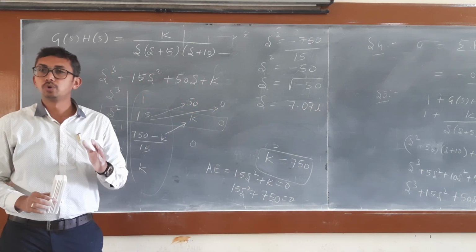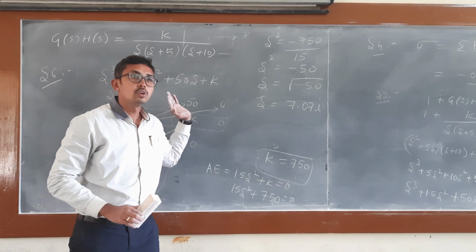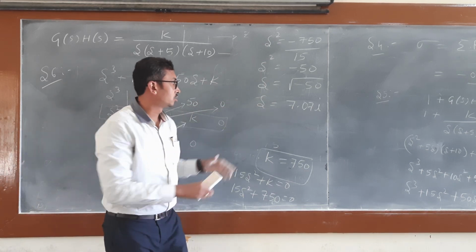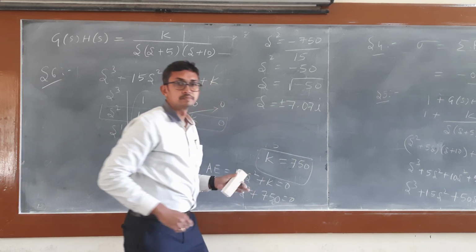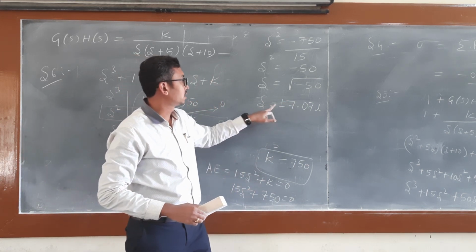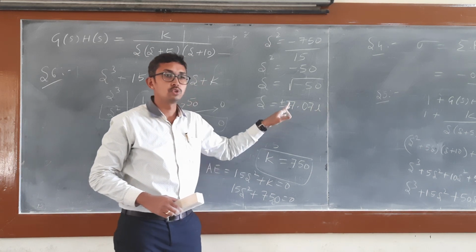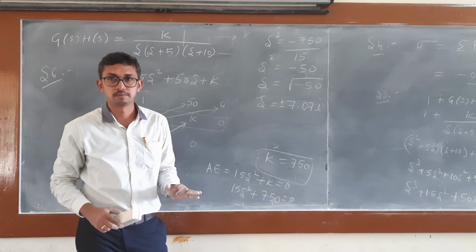The root locus is going to intersect the imaginary axis at s is equal to plus or minus, that is s is equal to plus j7.07 and s is equal to minus j7.07.